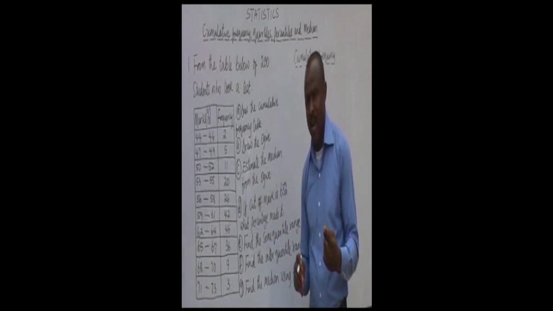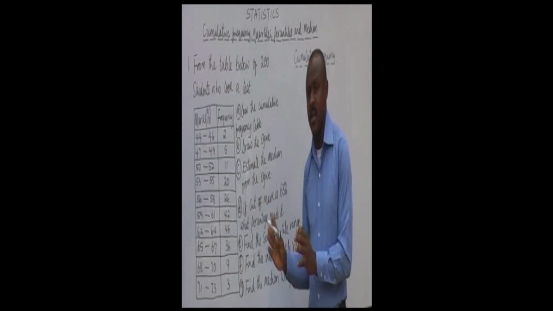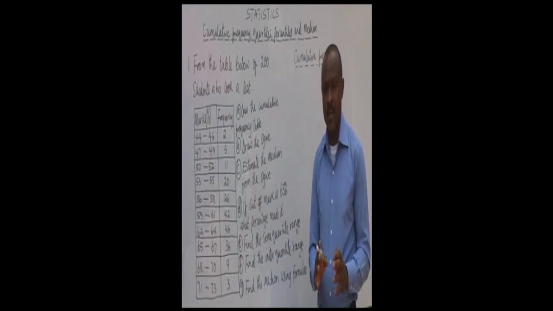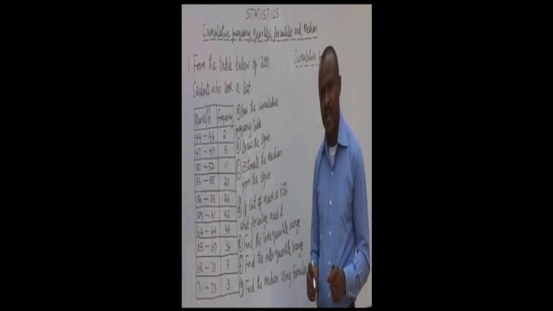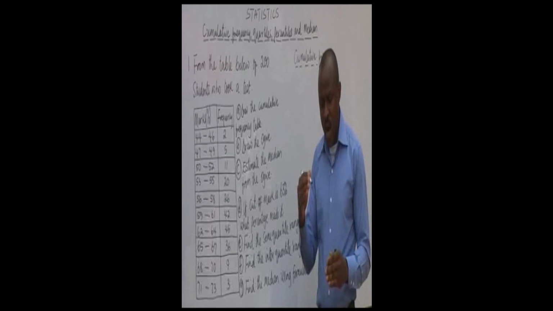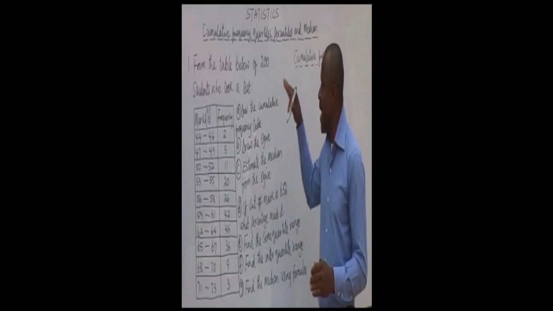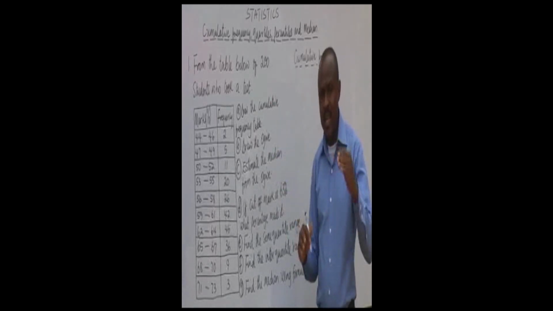Just as the name implies, you know what frequency is: the occurrence of a particular event. Cumulative frequency is talking about when the frequency is accumulating. And the accumulation, as related to this topic, is on the sums.